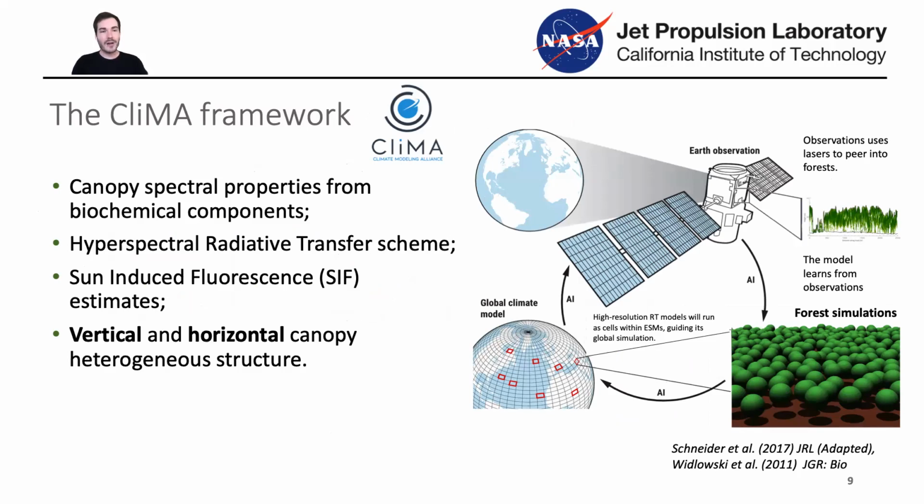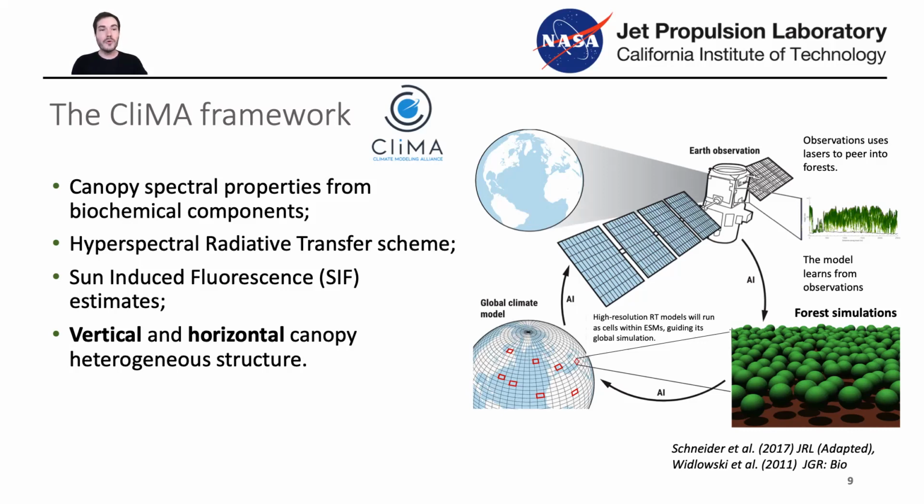So when we think about a new generation Earth system model like CliMA, or the Climate Modeling Alliance, we are really thinking about an Earth system model that uses Earth observation to drive it. And moreover, we want to learn from this data.